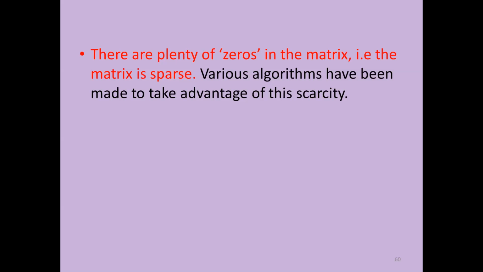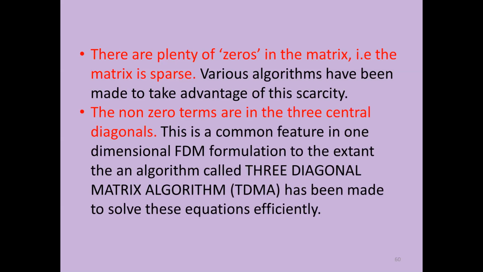Now the other observation is, since the matrix happens to be a sparse matrix, various algorithms have been made to take the advantage of this sparsity. This we have already discussed in the previous slide.